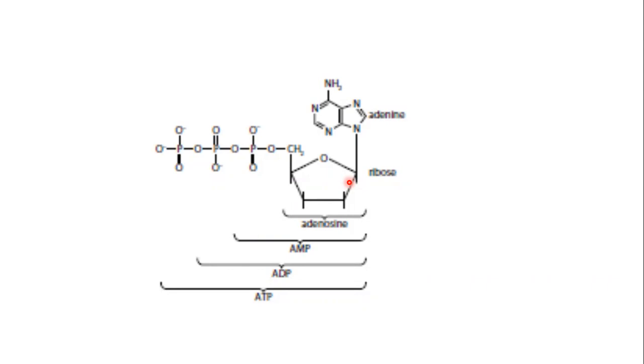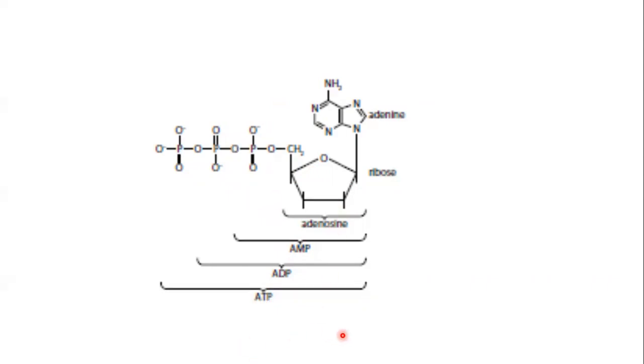Deoxyribose is in DNA. ATP will have ribose sugar in it. Okay. And if it has 1 phosphate group, we call it adenosine monophosphate. If you have 2 phosphate groups, we have adenosine diphosphate, and 3 phosphate groups is adenosine triphosphate, and that is the structure of ATP that we have to talk about.